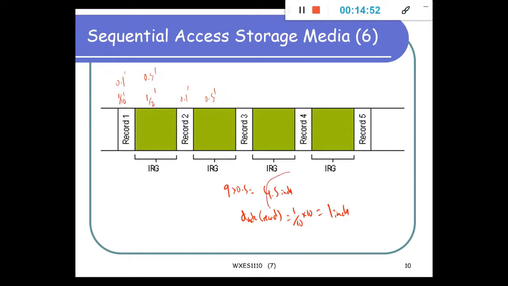So in total you have 5.5 inches. But you can see here, mostly it's because of the IRG. Your data only takes 1 inch, but your IRG takes 4.5 inches. This is really inefficient if you do it individually.